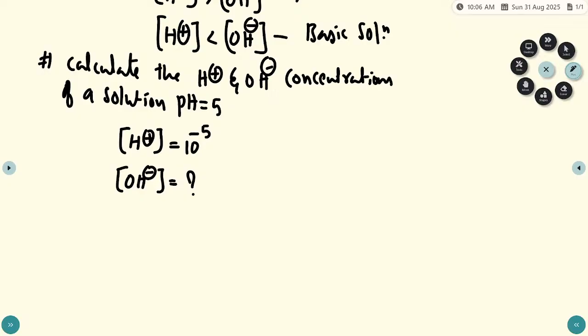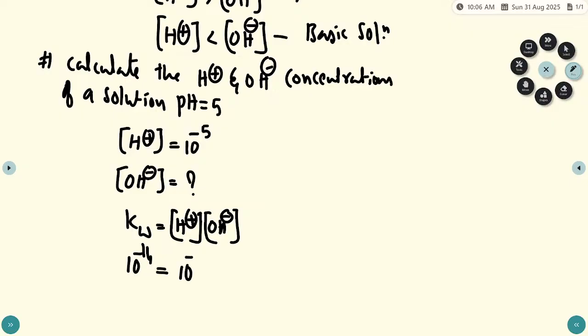You know that Kw is equal to the concentration of H plus and OH minus ion, isn't it? And what is the value of Kw? 10 to the power of minus 14, or 1 into 10 to the power minus 14, is equal to, what is the concentration of H plus ion? 10 to the power of minus 5, and you have to find out the concentration of OH.